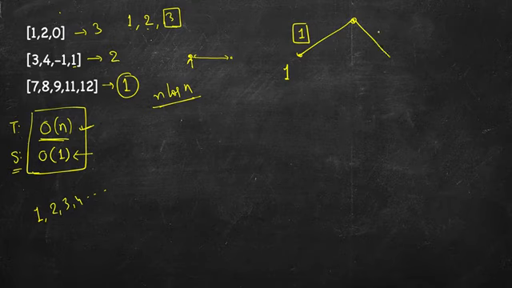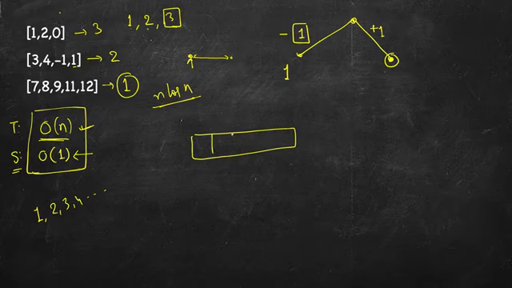Another case is that 1 is present. So this is -1, this is +1. This case is the main case that we need to handle. Now think, let's say we have an array of size 5. One thing can be that we have all the numbers from 1 to 5. So 1 is there, 2 is there, 3, 4, 5 are there. Then we will return 6.